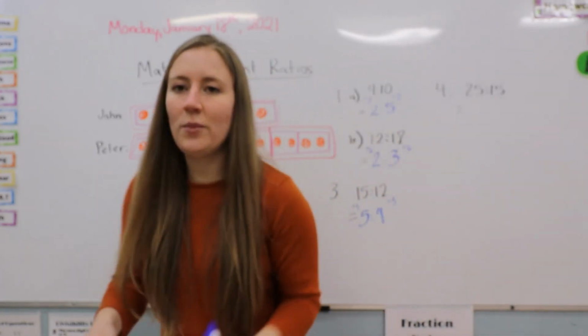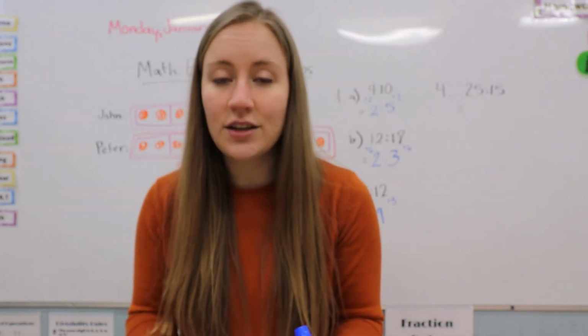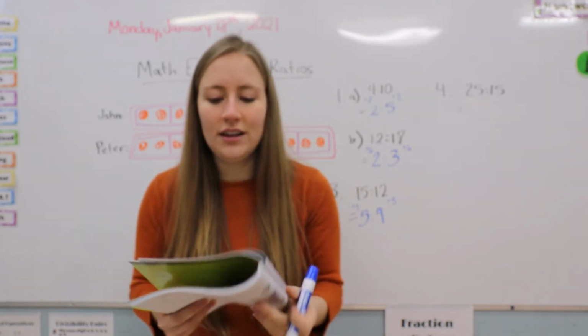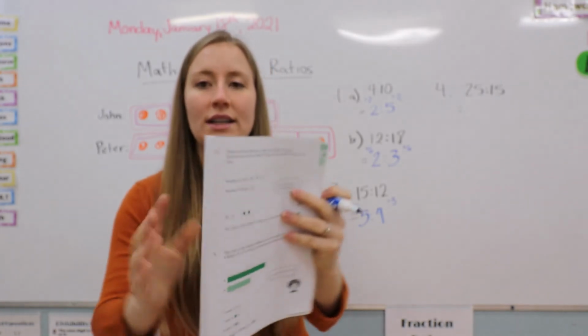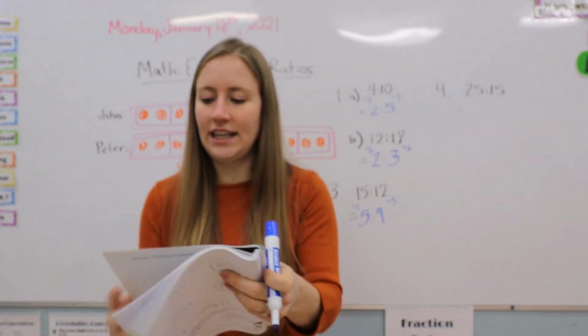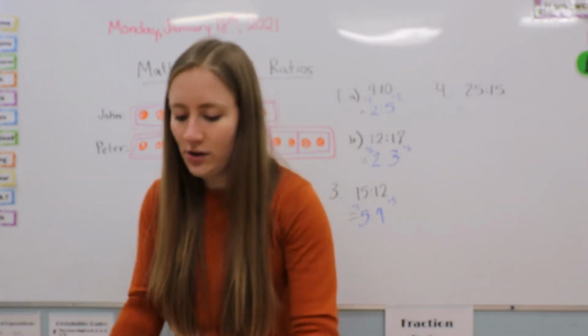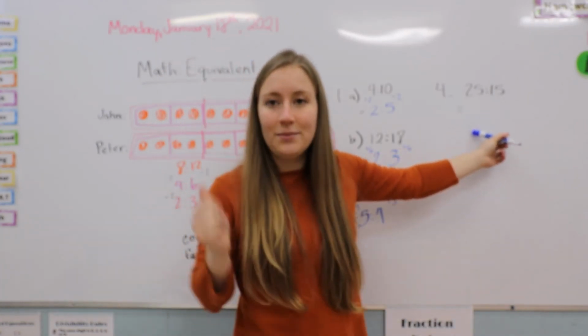All right, and just one more example, number 4. It tells us there are 40 students in a class. 25 of them are boys. Find the ratio of the number of boys to the number of girls in the class. It's helpfully given us the subtraction to find the number of girls, which is 15. So our starting ratio is 25 to 15, which is right up here. But we need to simplify that.